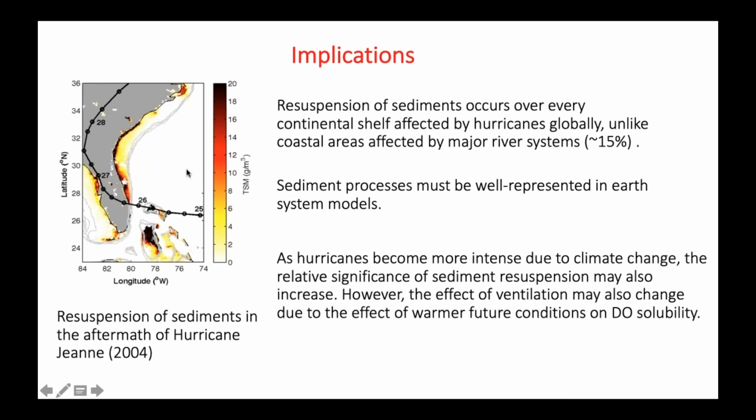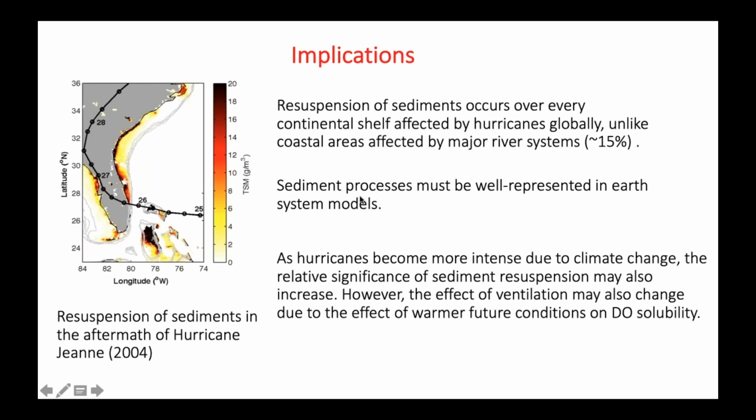So what this is telling us is that Earth system models need to account for this process of sediment resuspension to more accurately represent the carbon and oxygen cycles in the models. And the other thing is, it also has implications related to climate change.